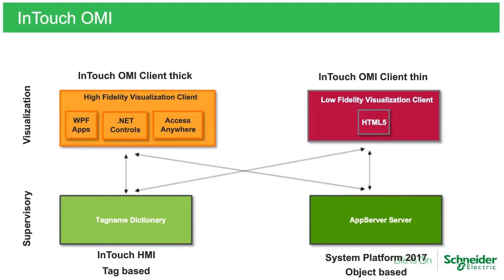So looking at that, what we have built is really a thick client solution in orange, that orange block here, and it's on top of Application Server System Platform 2017 object-based. Going forward, looking towards the future, we are going to have two rendering technologies.